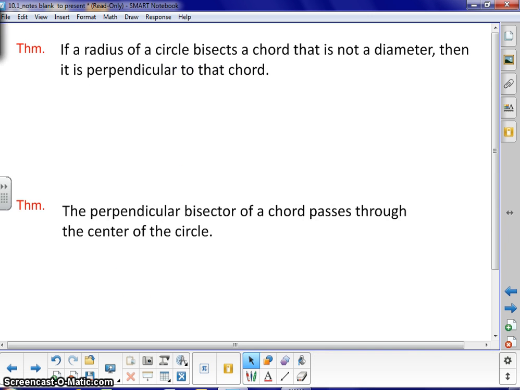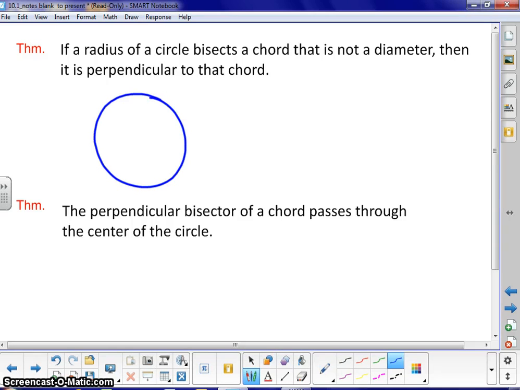The next one: if a radius of the center bisects the chord that is not a diameter, then it is perpendicular to that chord. So it is the converse. It looks familiar because it is the converse of the previous one. Here's circle Z, and we are given that the radius of the circle is bisecting a chord. So therefore, if it bisects, we know that it's going to be perpendicular to that chord.